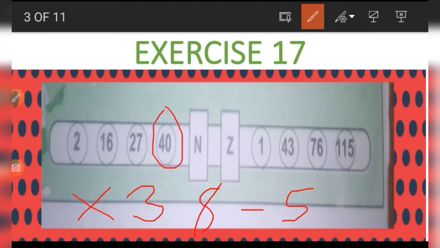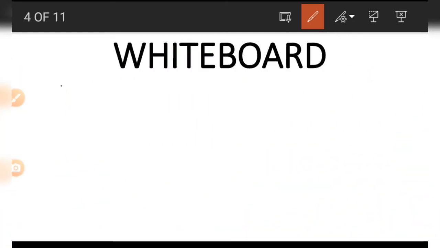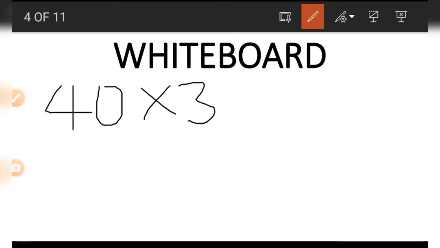Now let's go with the last number, which is 40. Let's see how we can get 115 from that. Alright. Now, as usual, we start with the first imaginary number, which is times 3. 40 times 3 will give us 120. That is, 4 times 3 is 12.